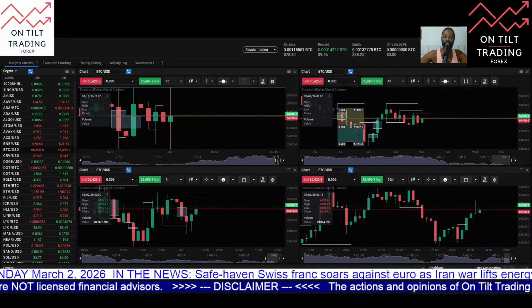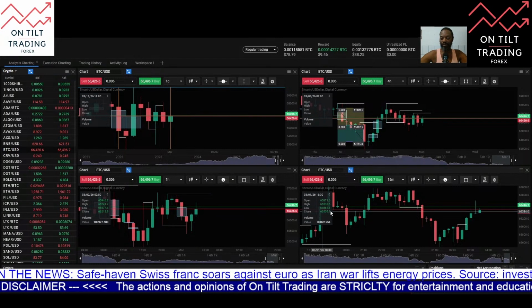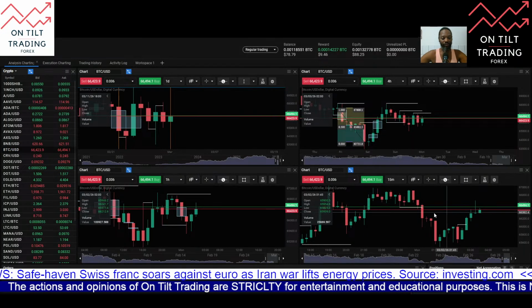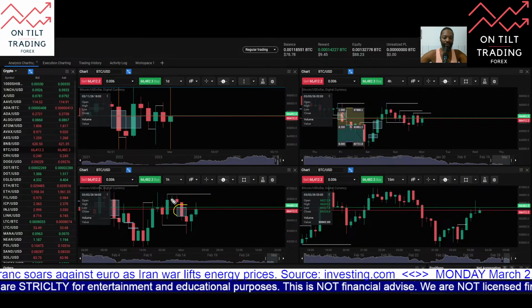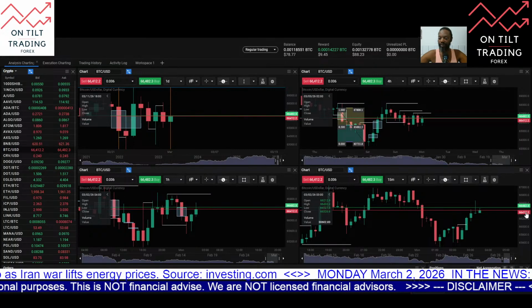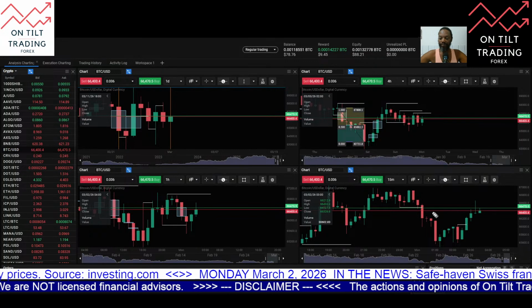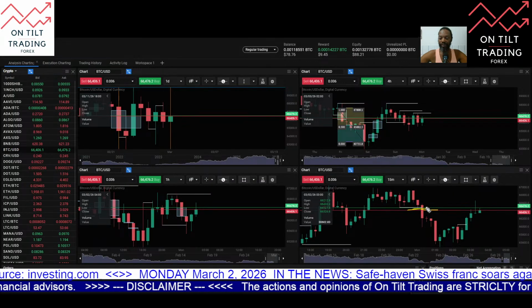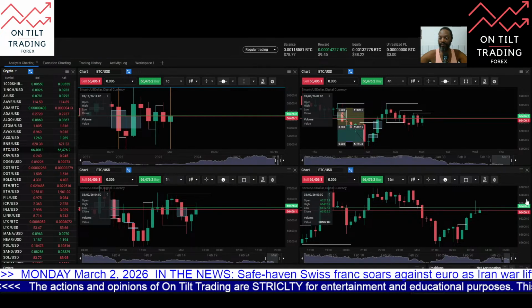There's a bearish 1-hour point of interest, which is right here. This bearish fair value gap right here on the 1-hour chart. There's also price trading into these fair value gaps here on the 15-minute chart.